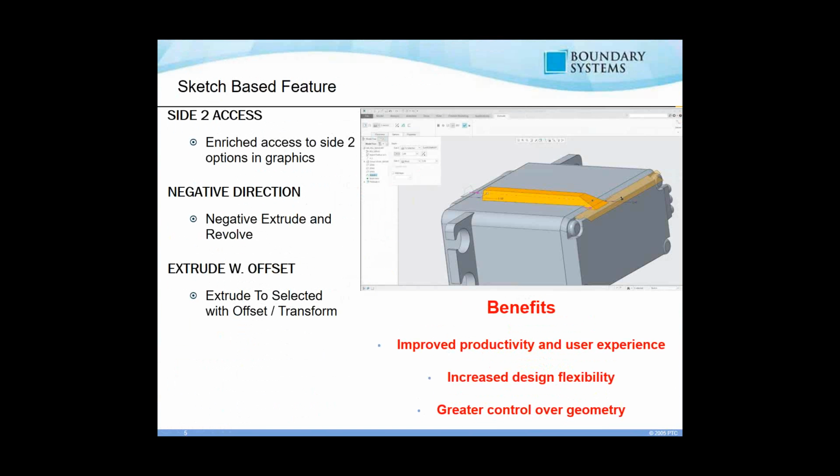And so again, this allows you to combine multiple features, or I guess the geometry that you would have to create with multiple features, you can now create with just one feature. In this case, with the extrude with offset option. Yeah, and so really it improves your productivity and user experience. It allows you much greater control over the geometry, and now you have much more design flexibility as a result.